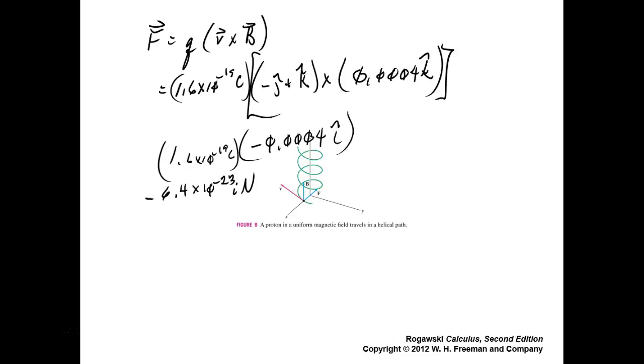But because there is a component of velocity in the z direction, it's doing this kind of thing on its way out. If you projected that downward on the xy plane, that would be pretty close to uniform circular motion.